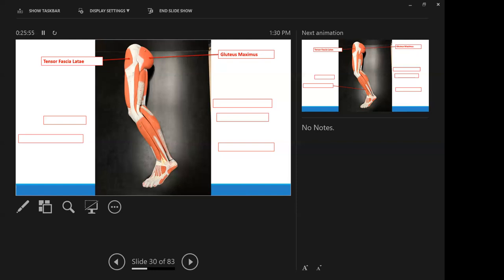Now, the gluteus maximus, again, if you have a maximus, you generally have to have a minimus, and you may even have a medius in between here. And if you want to find out where your gluteus medius is, you find your iliac crest.